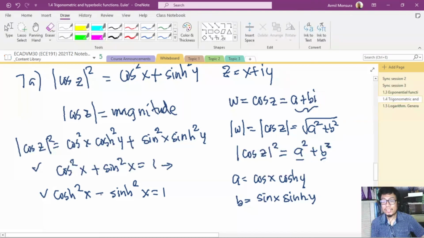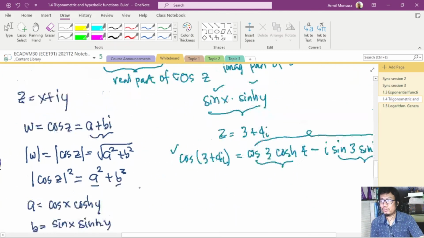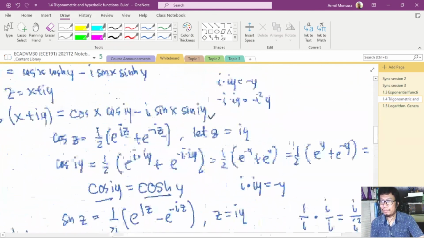You can actually establish this identity by using the definition of the hyperbolic functions.